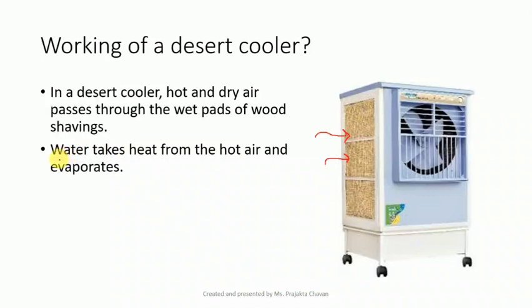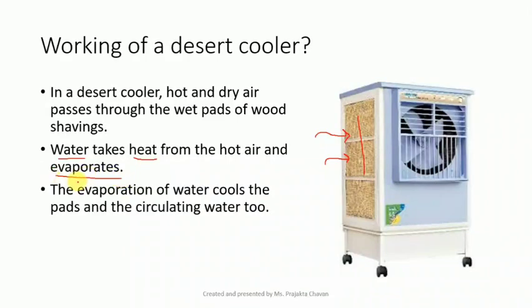The water which is present on the wood shavings will absorb the heat from the hot air and it will get evaporated. And we all know evaporation leads to a cooling effect.